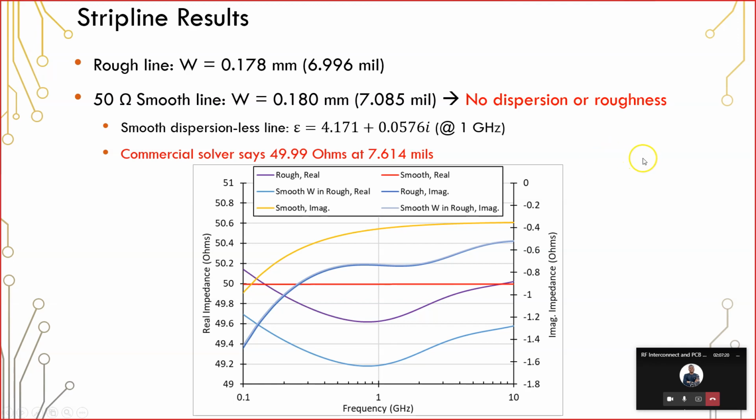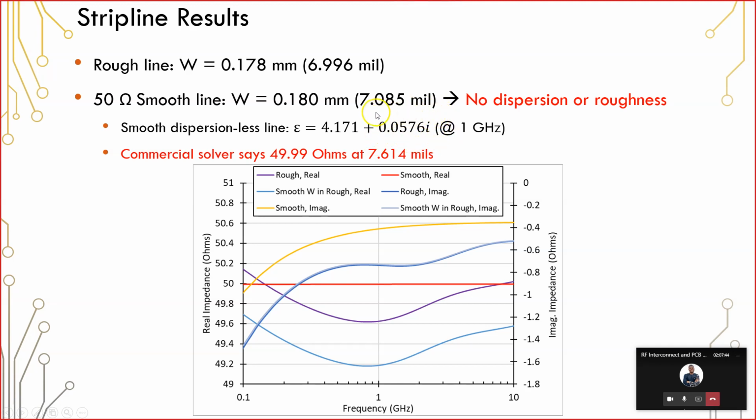Instead, let's go ahead and look at what the impedance profile looks like for a transmission line. So even though we are designing to a target impedance of 50 ohms, we don't actually get 50 ohms. The reason is, first of all, the transmission line has a complex part of the dielectric constant.